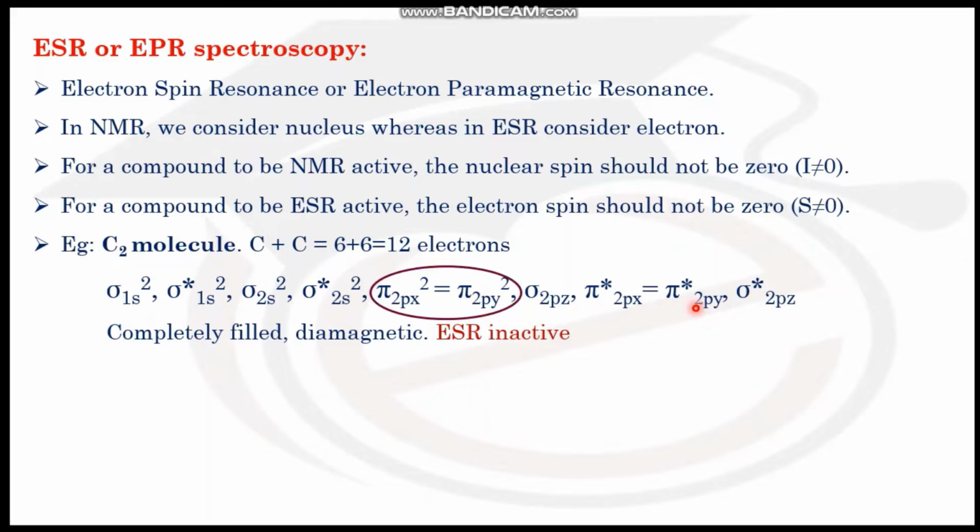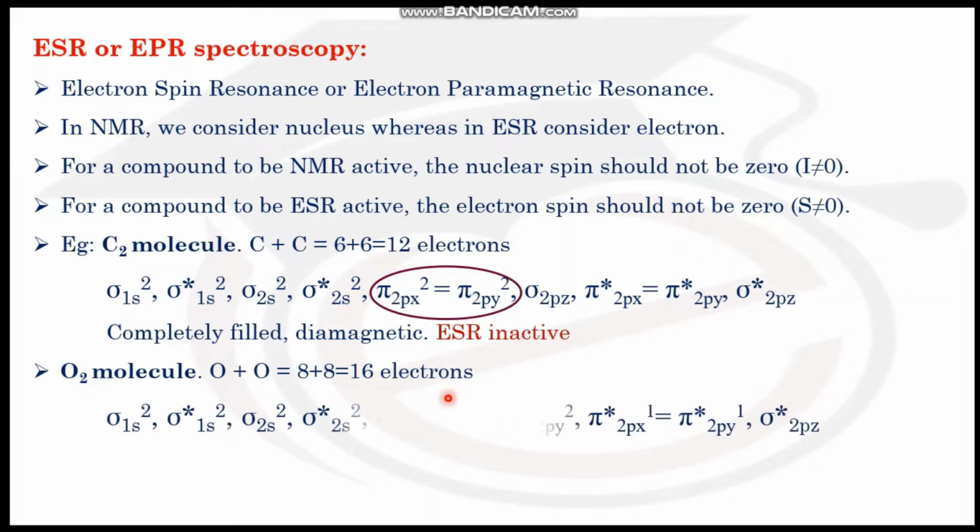If the number of electrons is less than 14, then there should be some mixing, otherwise it won't mix. For the oxygen molecule, there are overall 16 electrons. Sigma 1s2, sigma star 1s2, sigma 2s2, sigma star 2s2, and sigma 2p.